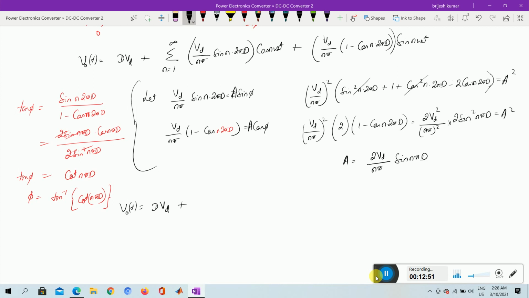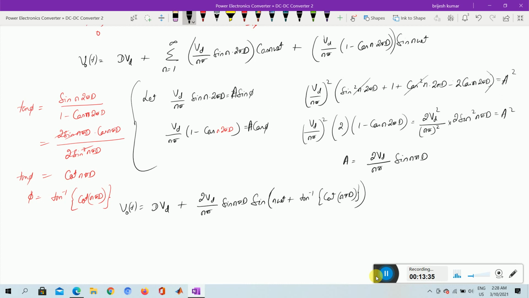This expression will be, we take the A as constant, 2Vd by n pi sine of n pi d, whole multiplied by sine of n omega t plus phi. Where the phi value is this one, so we can write in terms of phi also. So this is tan inverse of cot of n pi d.